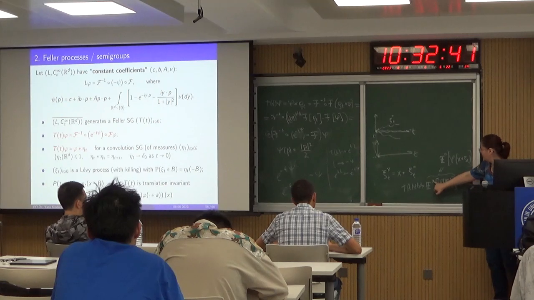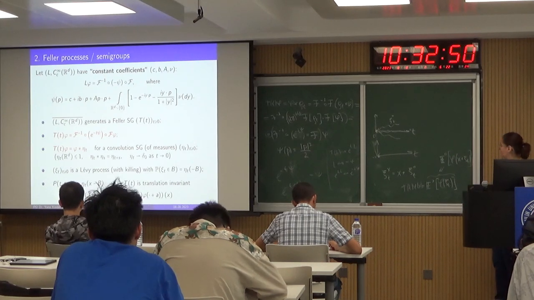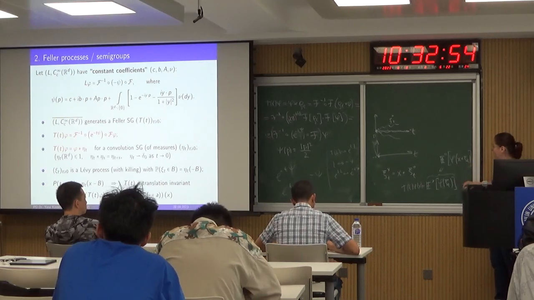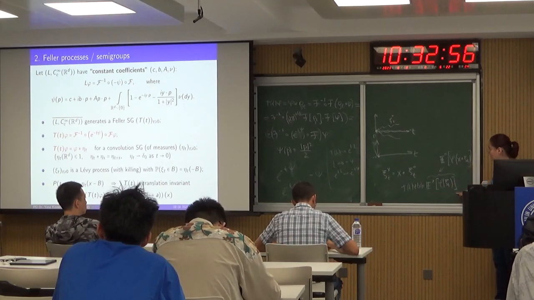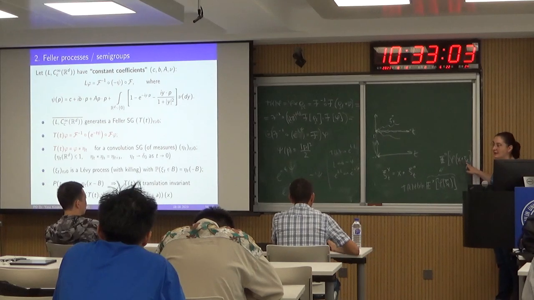So x from here is moved here; we start at 0 and move everything by x. Why I write it down: because in the next slides you will sometimes see this representation for solutions of the equation, and sometimes you see something like this. That's why, at least for Levy processes, it is the same.